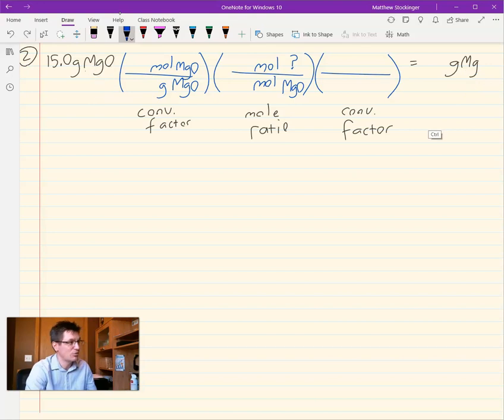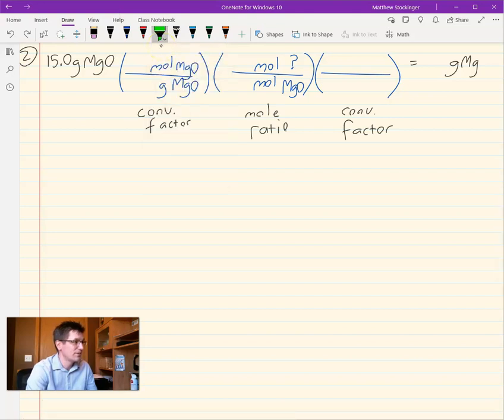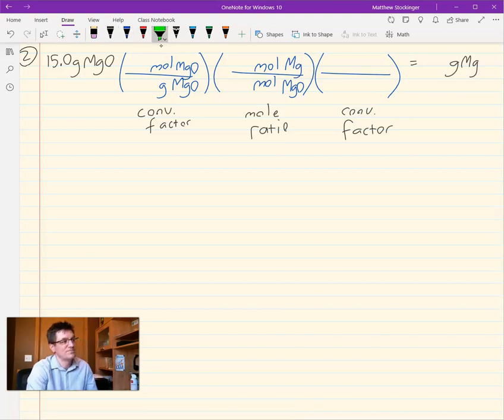So that's how I know what to put on the top. I already have, let me get a different highlighter going here. I already have moles MgO on the bottom. So this moles on the top must be the ending Mg moles. So there's lots of little clues here that I'm using to guide myself through the units.